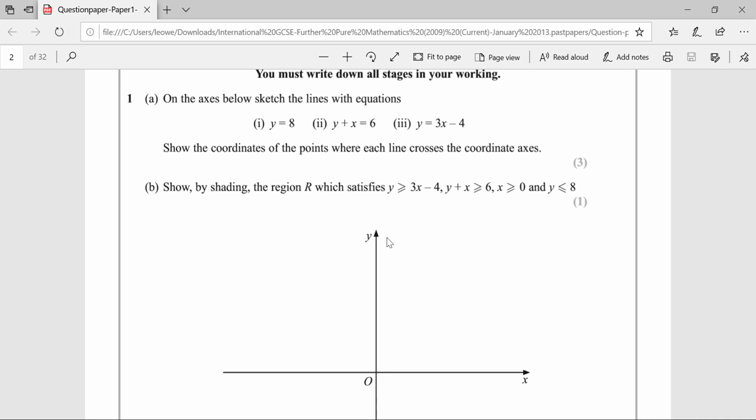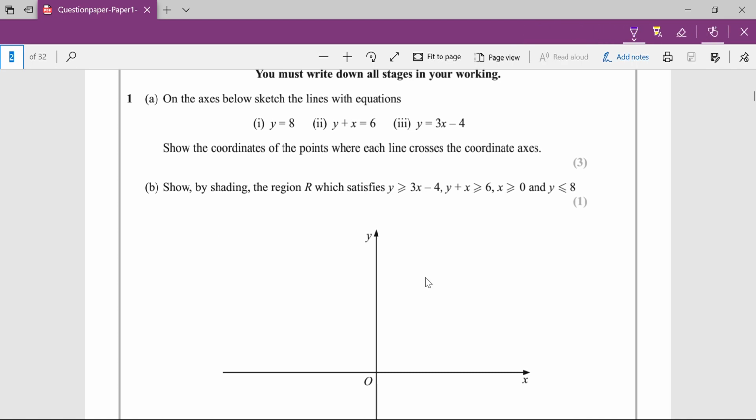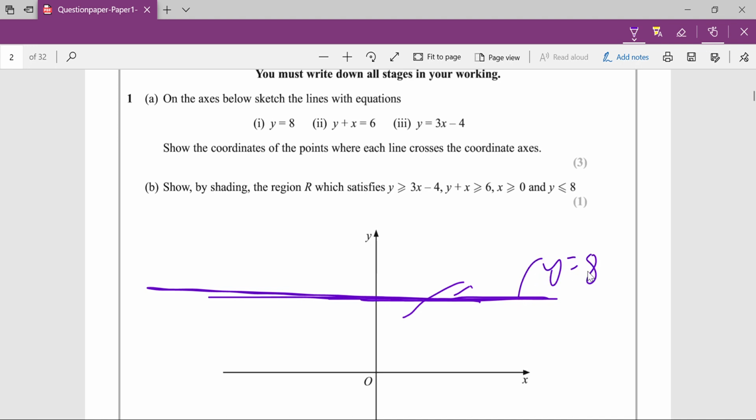So if I'm using my ruler here and I try to get a straight line going, pretend this line is horizontal. This is going to be our y equals 8.